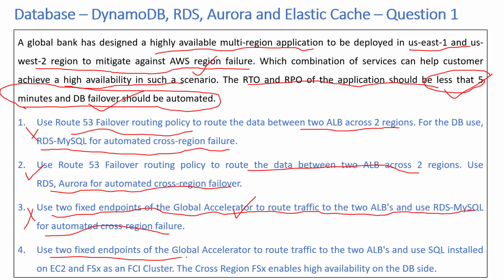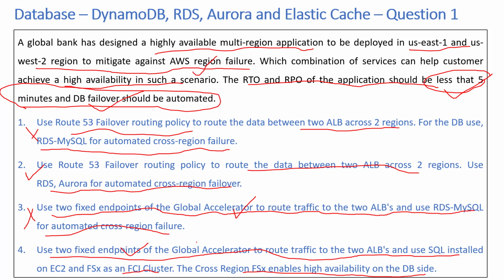Use two fixed endpoints of Global Accelerator to route traffic to two LBs and use SQL installed on FSx as an FCI cluster. The cross-region FSx enables high availability on the database side. The first one works okay for the web and app tier, as we already discussed. The second one says you install FSx on EC2 and on top of that you install the SQL database, usually what we call an FCI cluster.